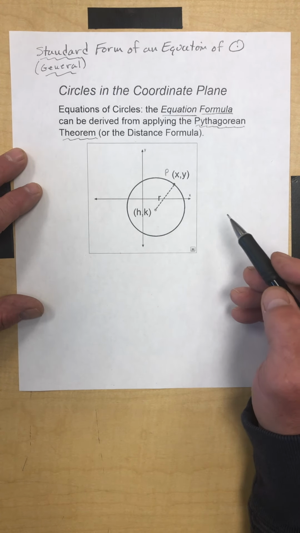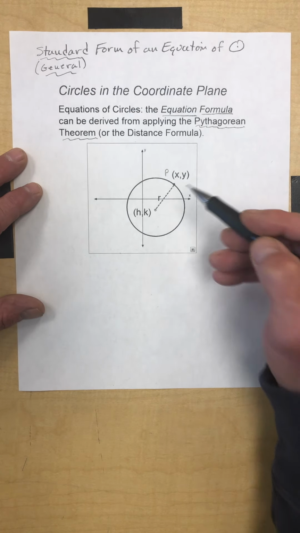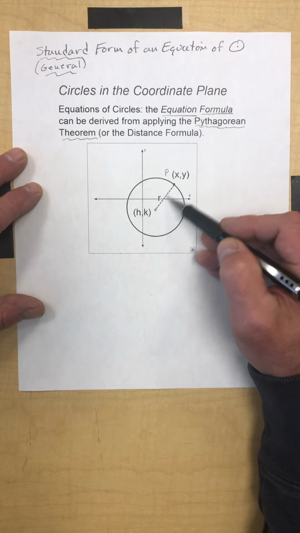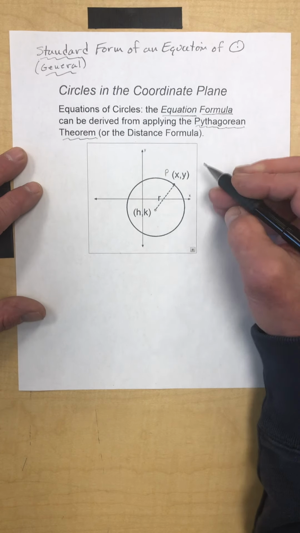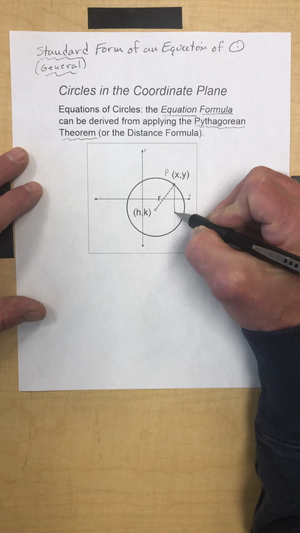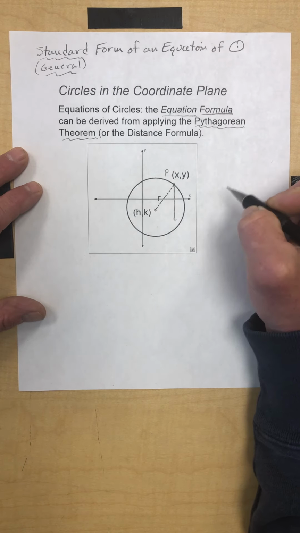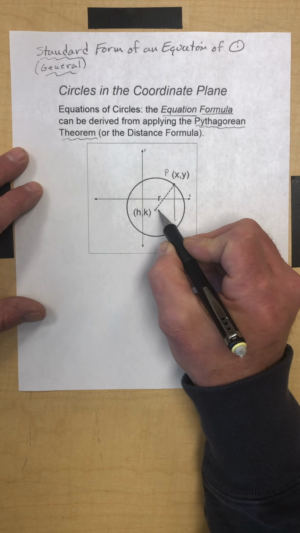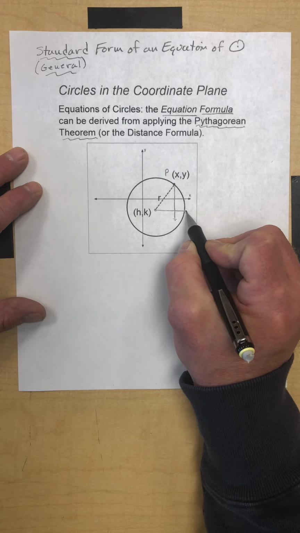If I'm going to use the Pythagorean theorem, I need a right triangle. We always let the radius be the hypotenuse of the right triangle. The easiest way to build this right triangle is to draw a vertical line from this arbitrary point anywhere on the circle, and then draw a horizontal line from the center.